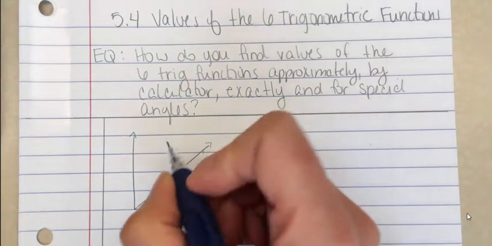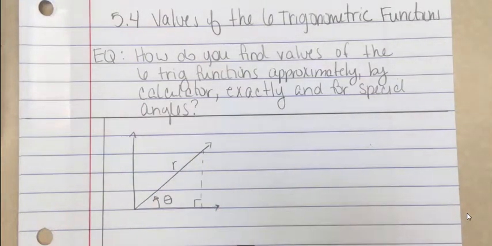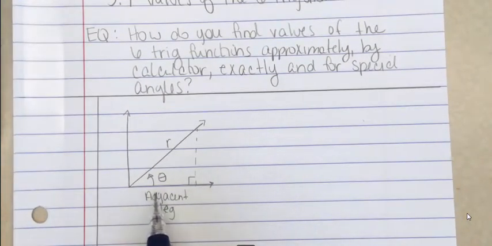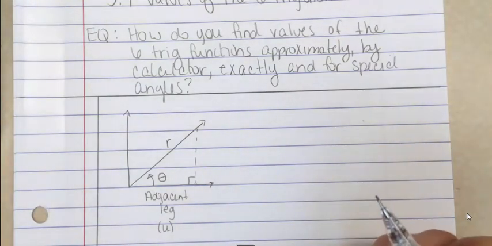So we end up with this radius, which is our ray. We end up with an adjacent leg, which is also our horizontal coordinate, or in your textbook they let that be u. You might also think of this as the x-axis. That's totally fine.